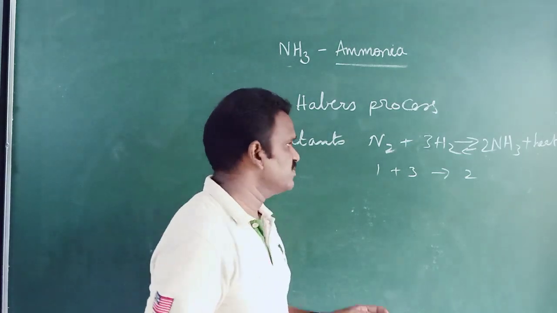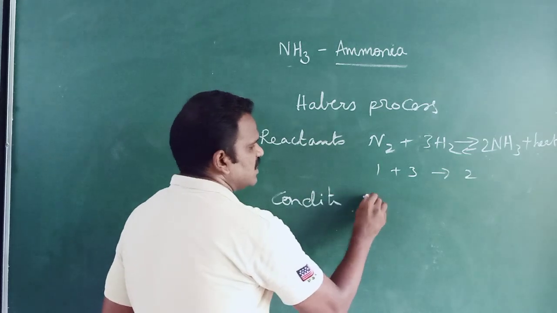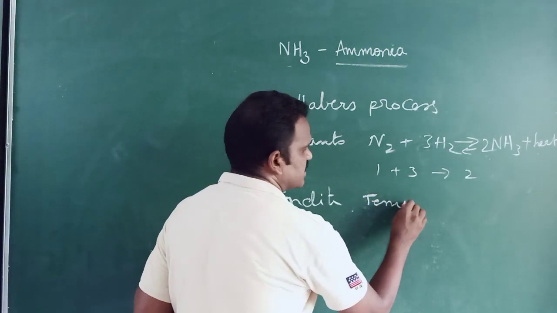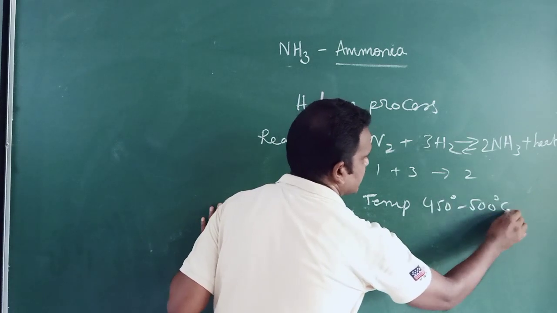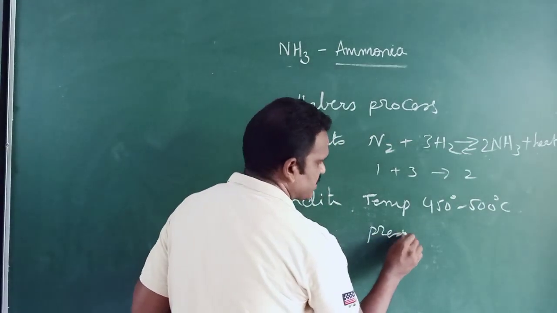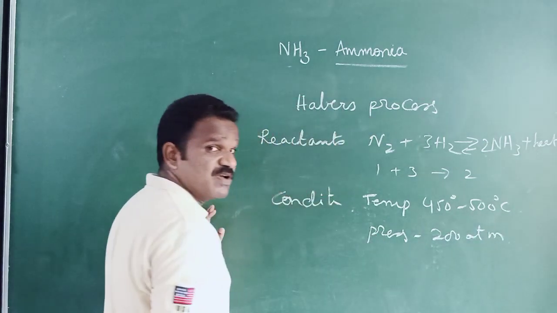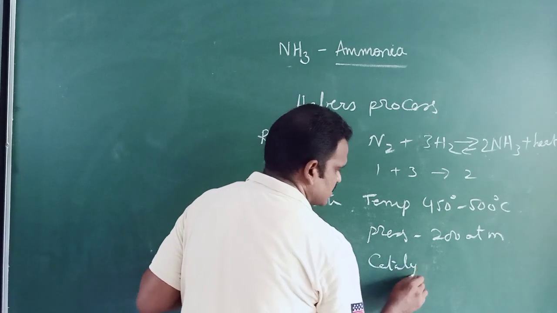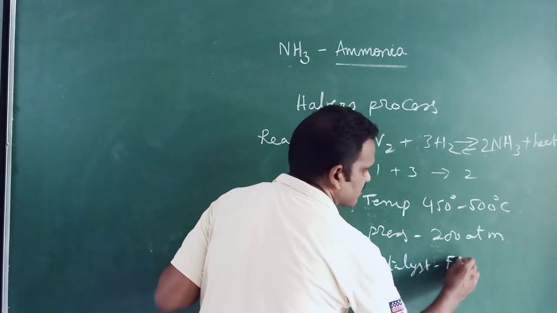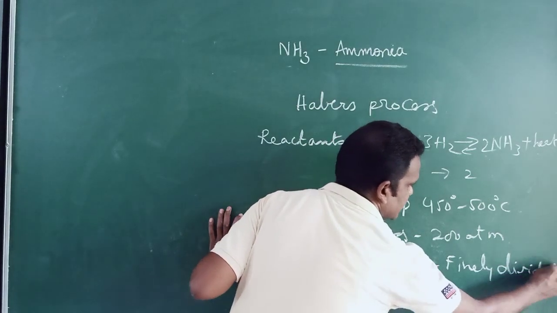Now conditions. We have some conditions when we are preparing this. Temperature is maintained from 450 degrees centigrade to 500 degrees centigrade, and we require a pressure of 200 atmospheric pressure. The catalyst is finely divided iron.